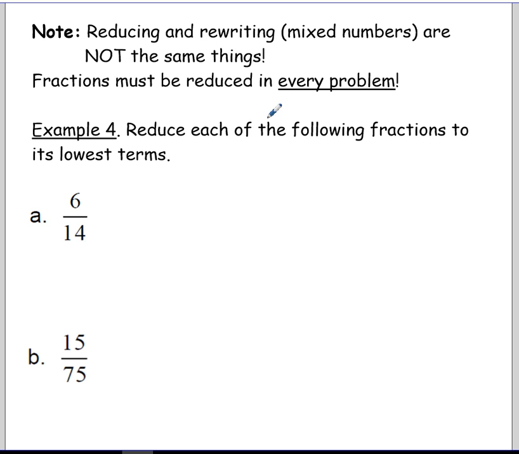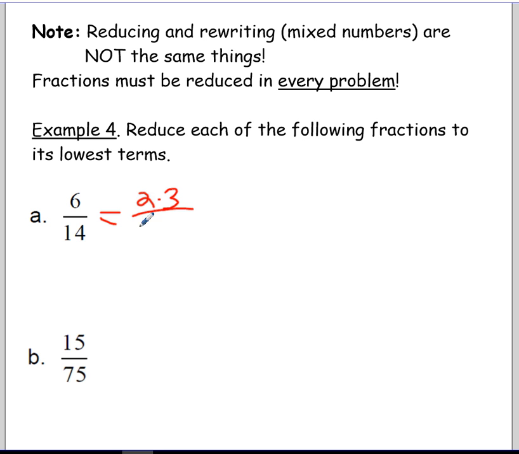And so if we look at reducing the following fractions to their lowest terms, one thing that can help us is using our prime factorization. 6 is the product of 2 times 3. That's the only way we can write 6 besides 1 times 6.